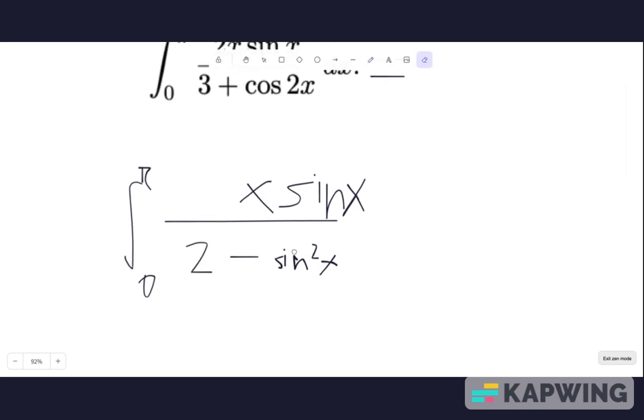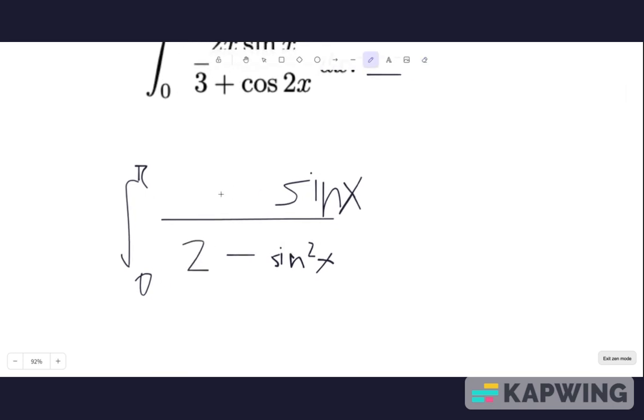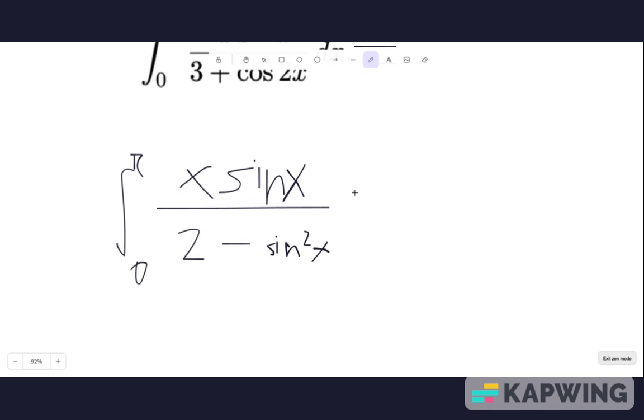Let me just move this over here. Anyway, dx, we have x sine of x over 2 minus sine squared of x.